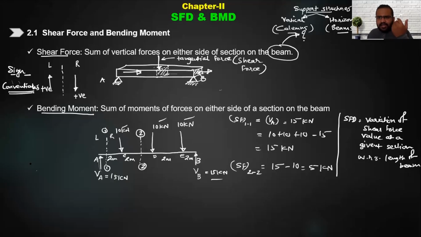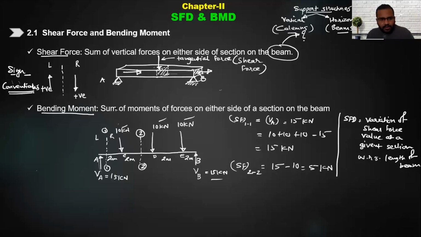It will not always be 10-10-10, it can be anything. We should be able to calculate for a given particular case. We should be able to draw the SFD and BMD and understand it for a given particular case. Nothing is constant, nothing is similar here. I have just taken this particular example for simplicity. As we go along this chapter, we will be dealing with different kinds of variations in these problems.